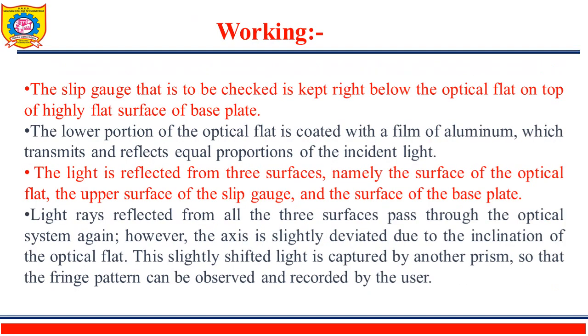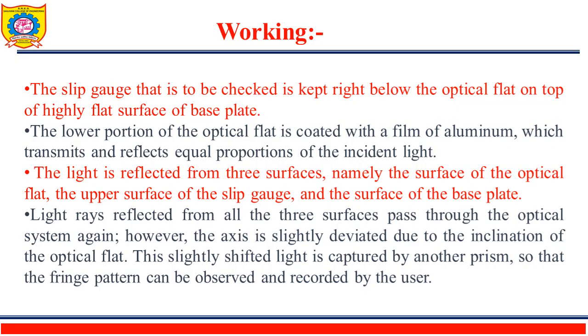The slip gauge that is to be checked is kept right below the optical flat, on the highly flat surface of the base plate. The lower portion of the optical flat is coated with a film of aluminium which transmits and reflects equal proportions of the incident light. The light is reflected from three surfaces, namely the surface of the optical flat, the upper surface of the slip gauge, and the surface of the base plate.